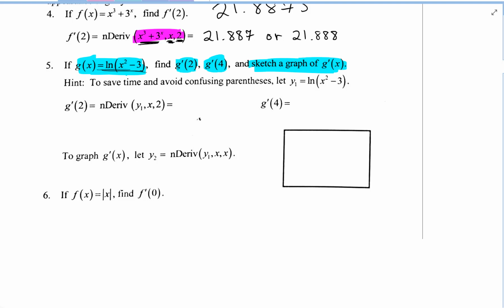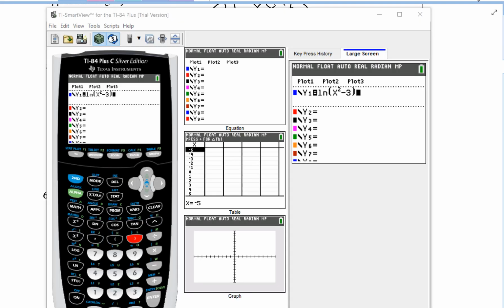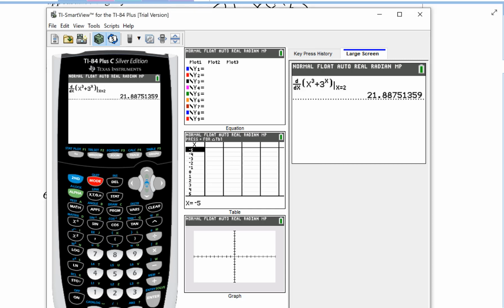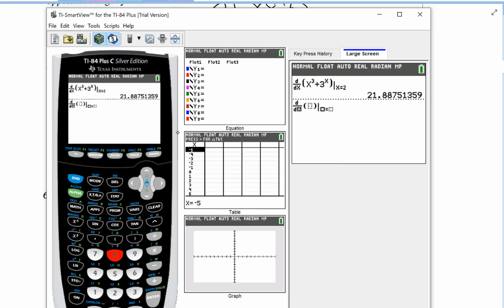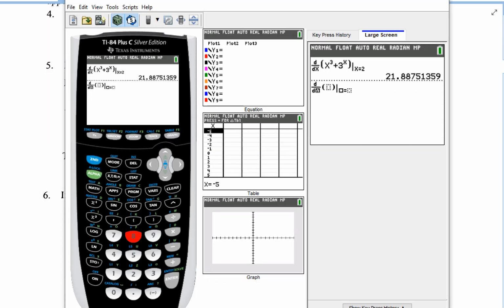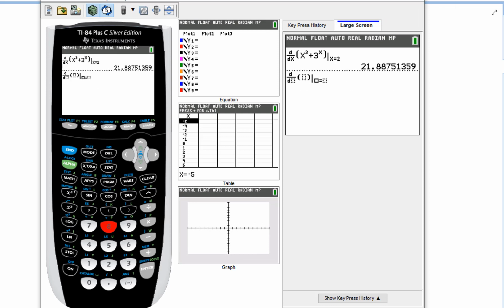So I'm going to start off by plugging that in to y1. Okay, now I can just refer to it when I use nDeriv. So second quit will get me back to my home screen, and then I'll go to math and 8 to select finding the derivative, and we're finding the derivative with respect to x of y1.